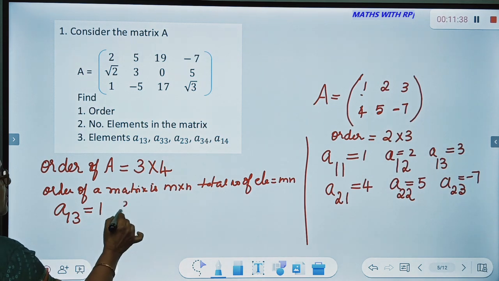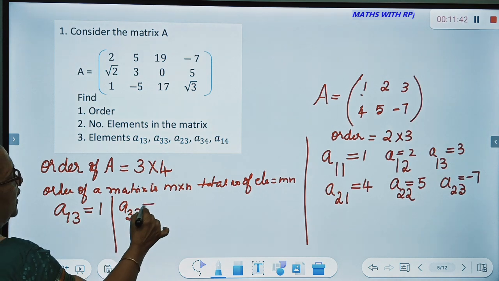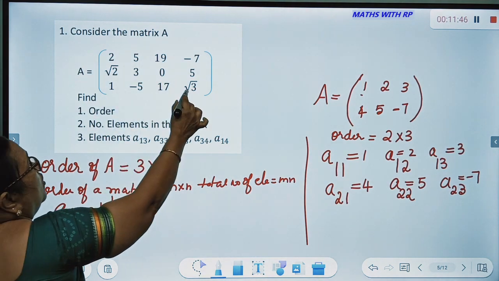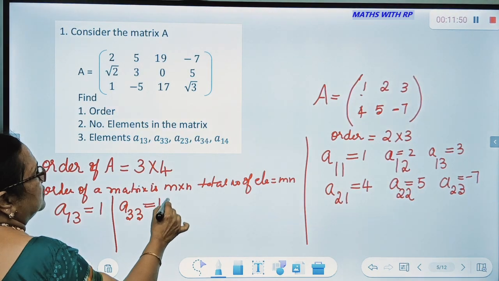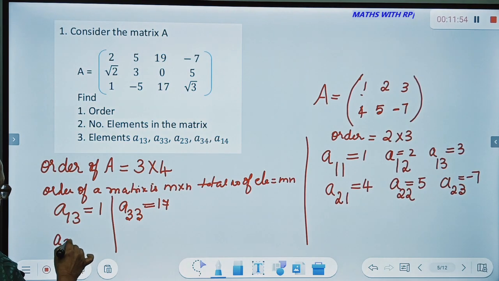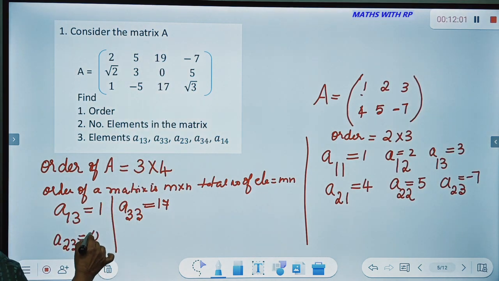What is A33? A33 is the element in the third row, third column. Third row, third column, 17. What is the element A23? Second row, third column. So this is second row, third column, 0.